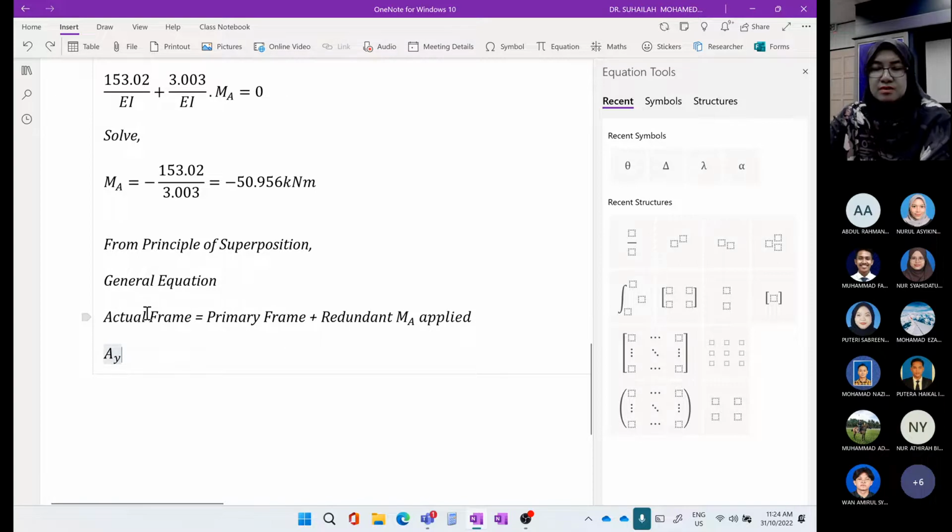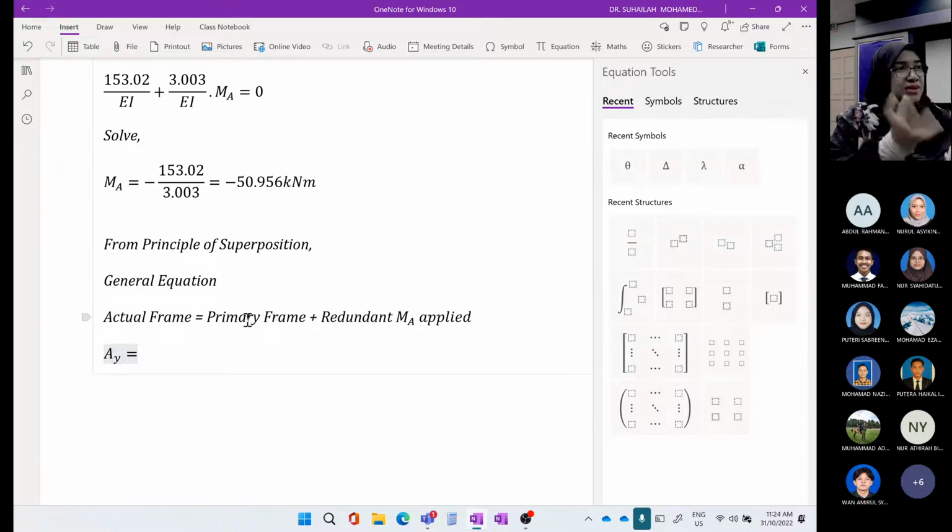Okay, continue dulu yang ni. AY that we want to calculate is AY in actual frame. And remember, I said previously, in redundant system, dia bukan stand alone. Dia datang dari 1 times MA. Sebab tu FAA tadi, F11 tu is F11 kali MA. So not only F, reaction in redundant system also kena kali dengan redundant. It cannot stand alone.